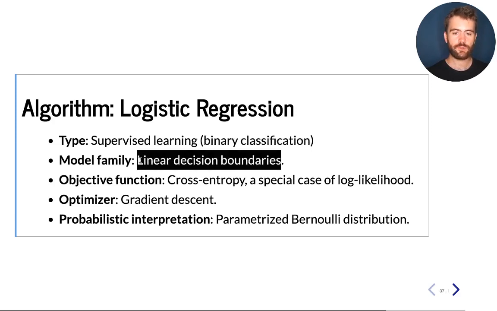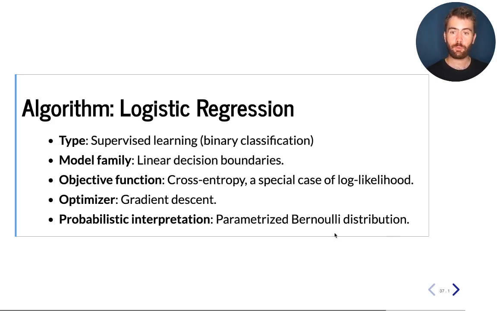We're training this using maximum likelihood, which in this case is also called the cross entropy. We're optimizing this using gradient descent, and we can view this from a probabilistic perspective as fitting an approximation to a parameterized Bernoulli distribution. In the next video, we're going to see how we can extend logistic regression to multiple classes.